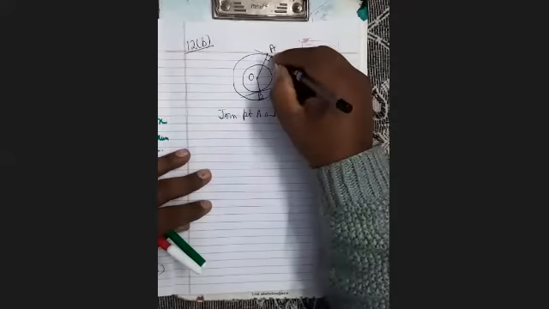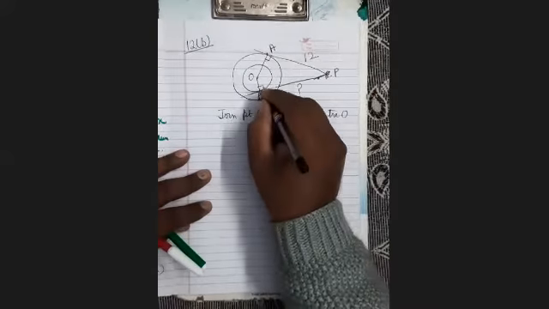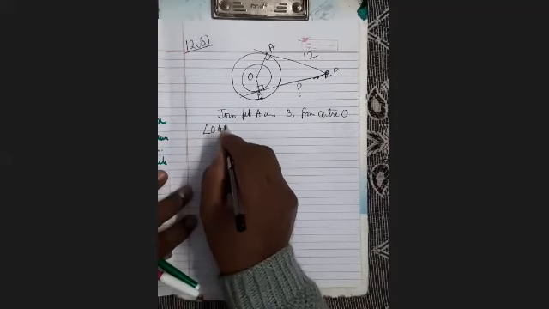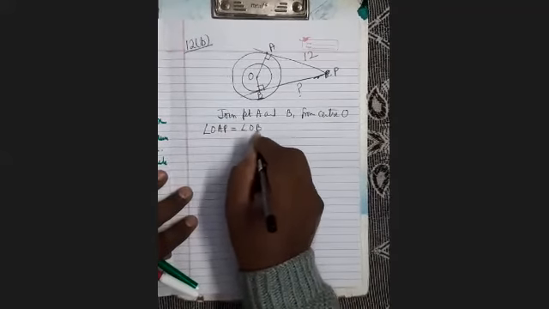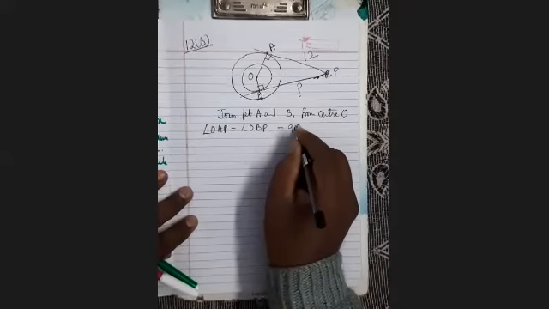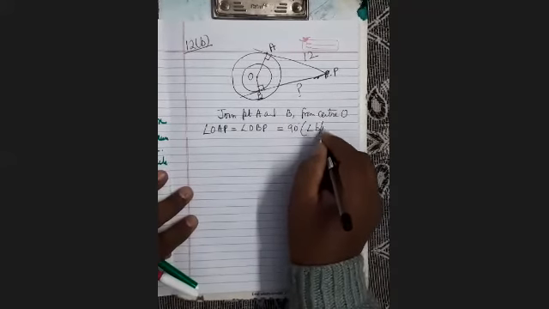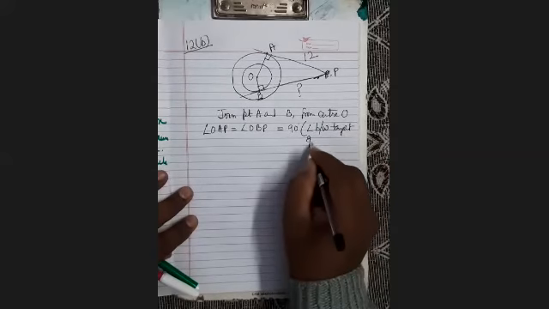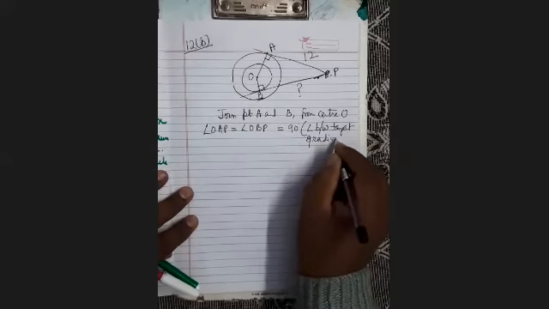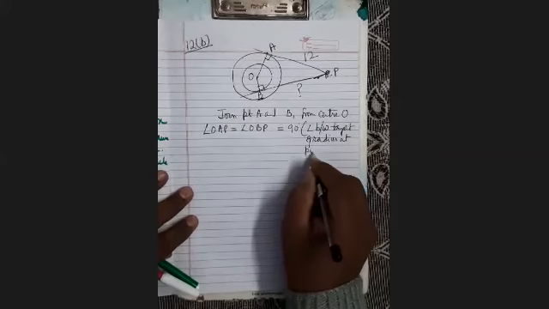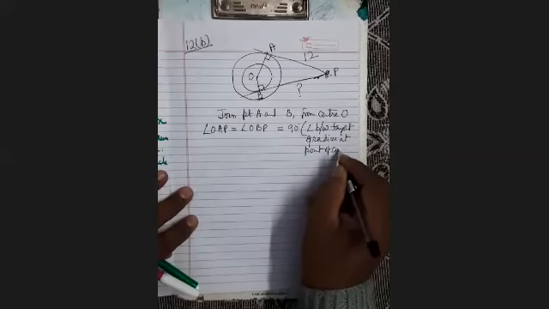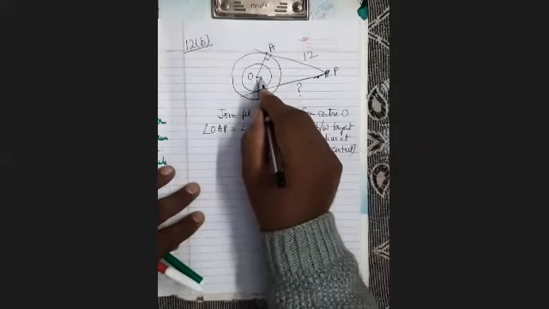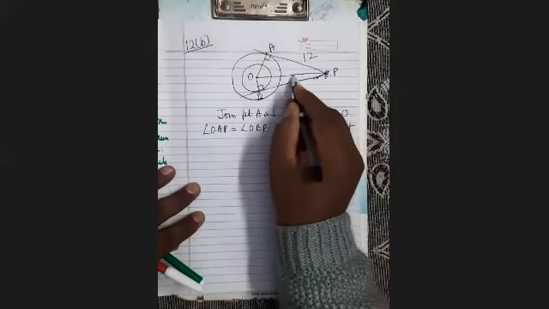So angle OAP and OBP will be 90 degrees. Angle OAP equals angle OBP equals 90 degrees. Why? Angle between tangent and radius at point of contact. It's clear. You join OP.